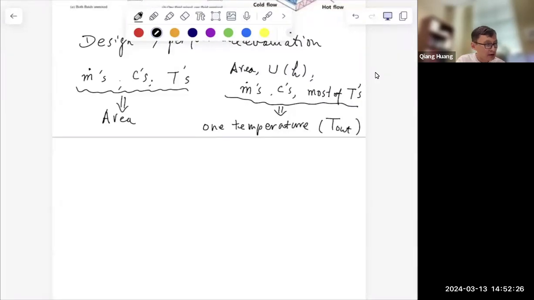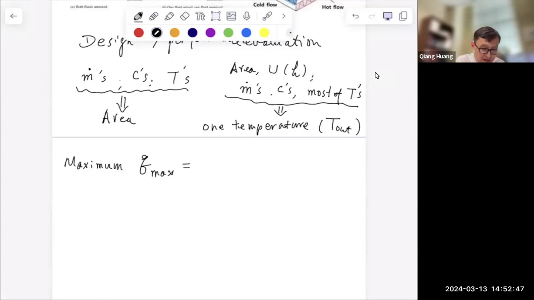In order to calculate that, we need to introduce a few concepts. The first one is the maximum heat that can be transferred across a heat exchanger in an ideal situation. That will be Q max.